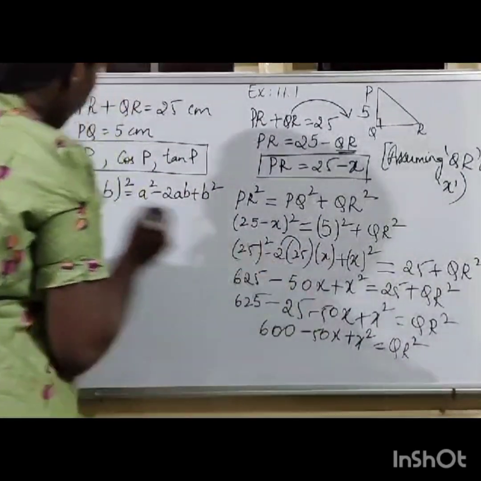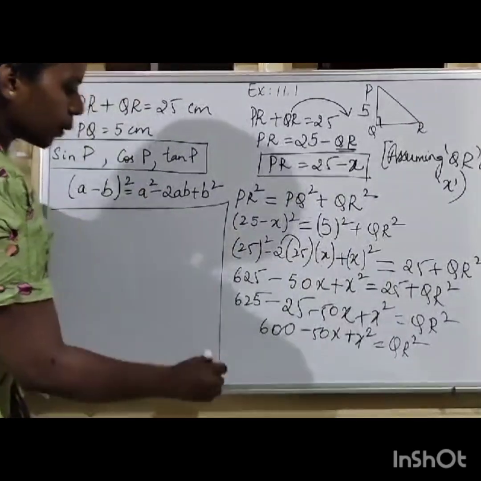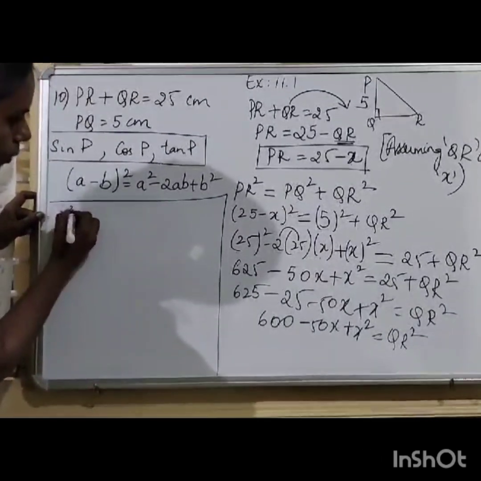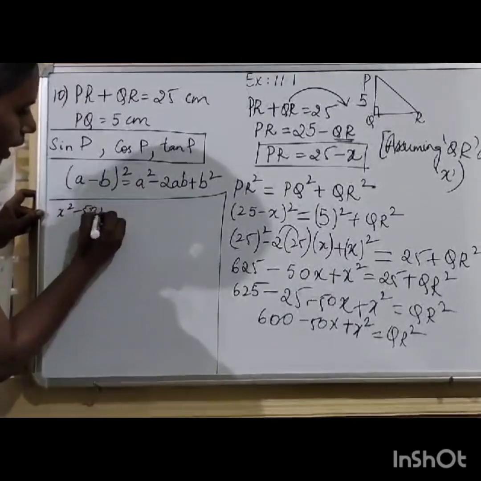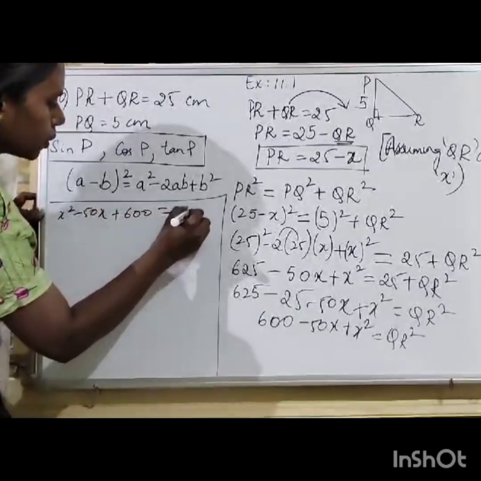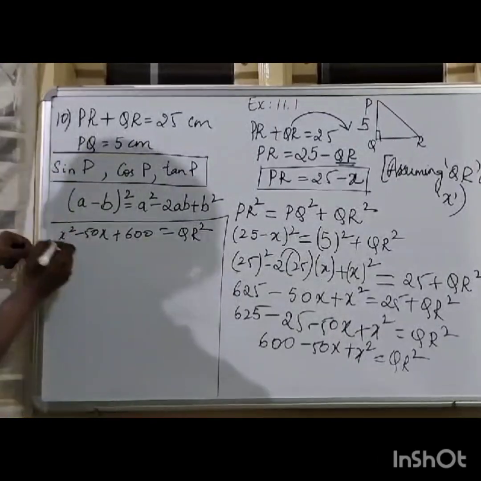Now we have got an equation. What is the equation given? x square minus 50x plus 600 is equal to QR square.